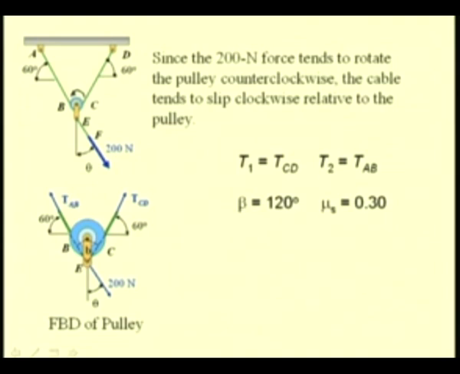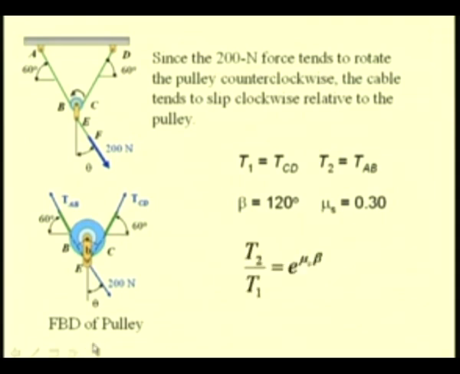This tension in TAB is greater than tension in TCD. The angle of wrap from the geometry can be found as 120 degrees, because these two being 60 degrees, we have this angle of wrap as 120 degrees, and the coefficient of friction is 0.3.